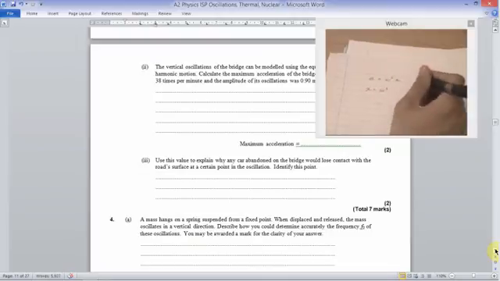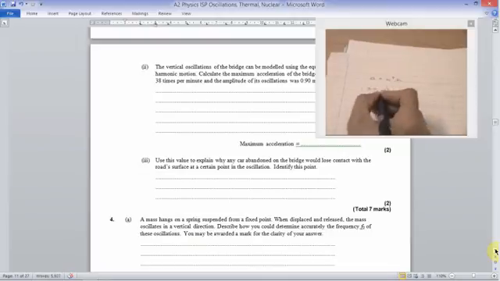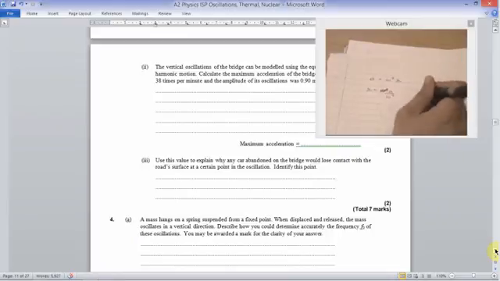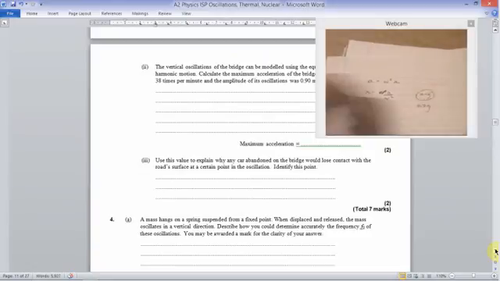So if we rearrange for x, we end up with A over omega squared. When A is equal to G, it will just stay on the bridge. When A is greater than G, it will come off the bridge. So let's figure out the point at which it sticks on the bridge, and anything greater than that, it will come off the bridge. Okay?